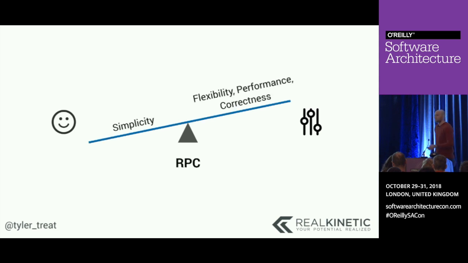And so looking at another example, something like RPC, remote procedure call, would be a transparency that favors simplicity over flexibility and performance, because it provides this simple function-like interface, right? To the developer, it looks like you're just calling any other function, when in reality it's going over the network, it's talking to another machine, it's returning that result, it's handling all of that serialization, but those details are all hidden.